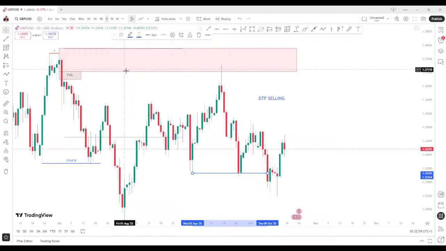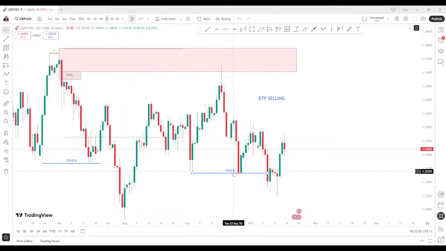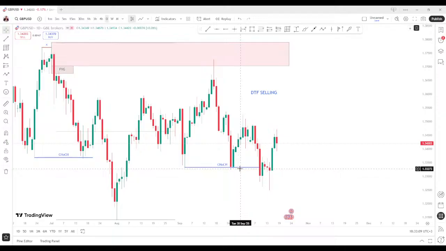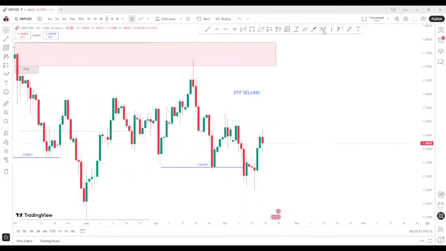Can you see that one here? We have that one there. So that means the market is selling. But I want you to see this, especially those who are in my class. You will understand this. This is what was happening. We were making a series of higher highs, higher lows, higher highs, higher lows.